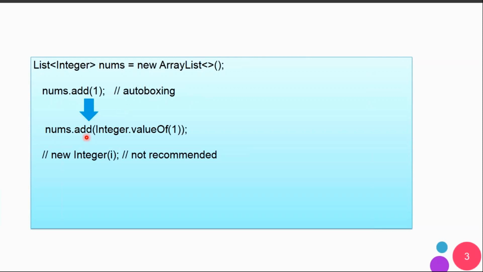One recommendation I would like to give you is to never add your Integer object like this, putting new Integer(i) in the add method. This is a really expensive operation and causes you a lot of performance cost.